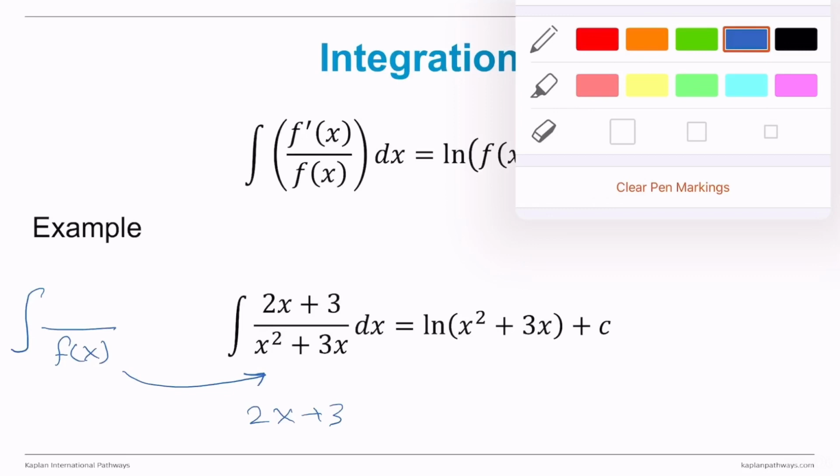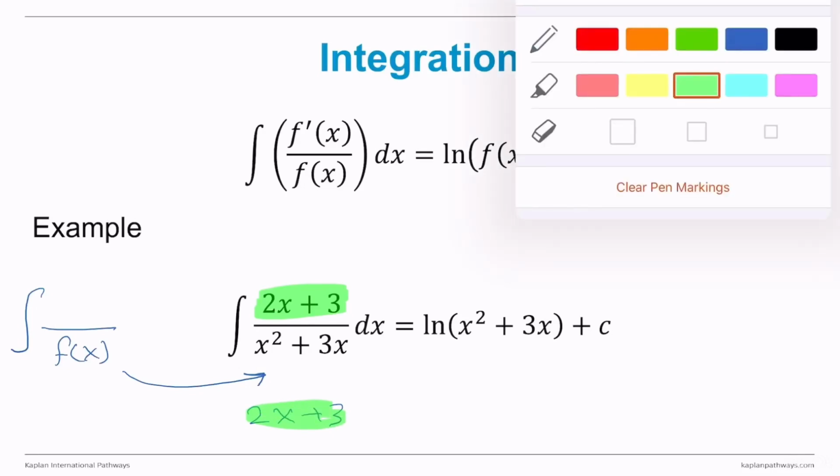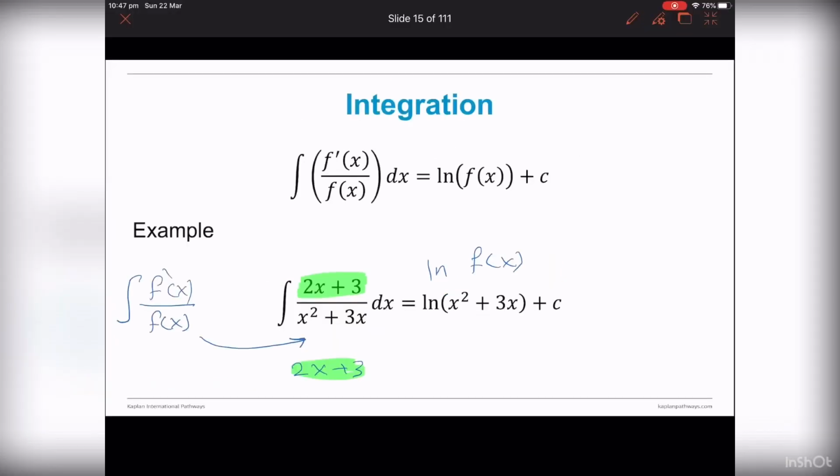So this is the derivative of it. Then in that case, I can say the answer is ln f of x, which is the bottom one. So it's ln of x squared plus 3x plus c, which is the constant of the integration.